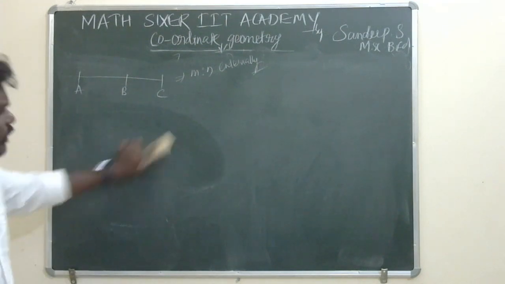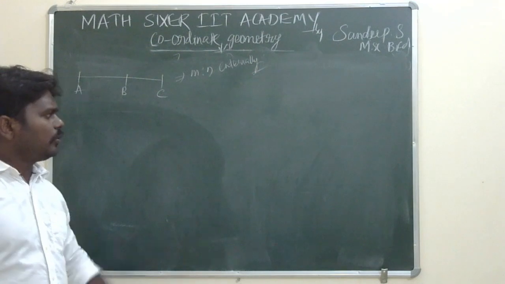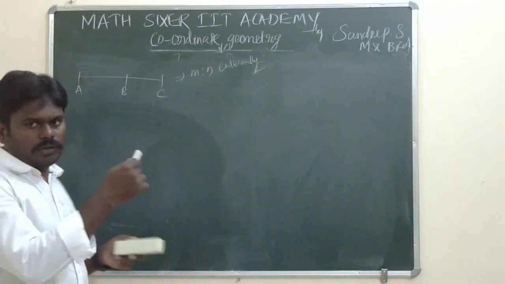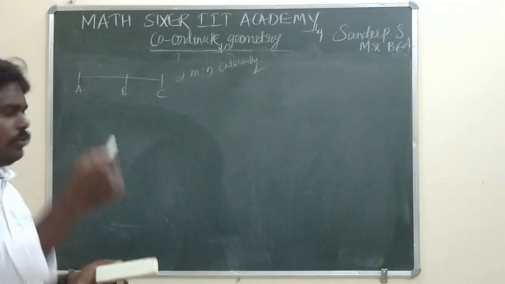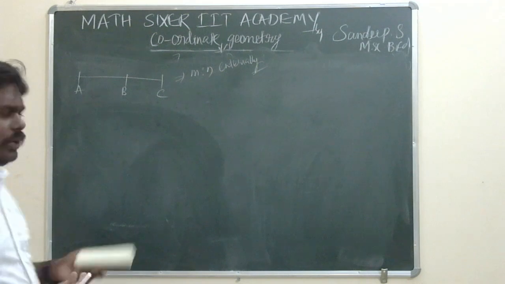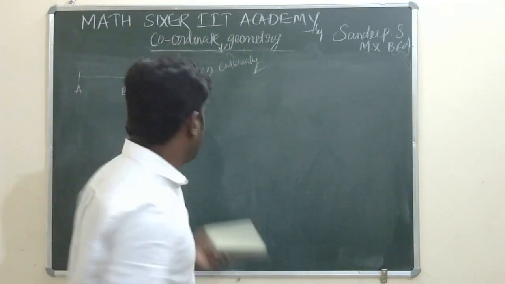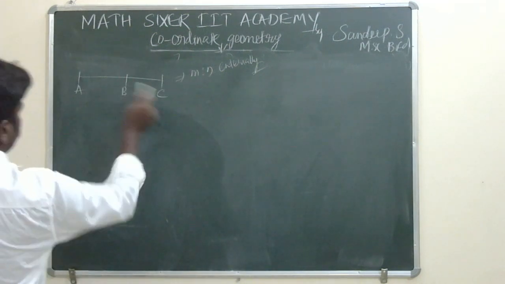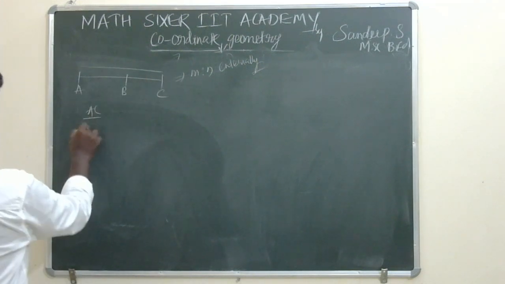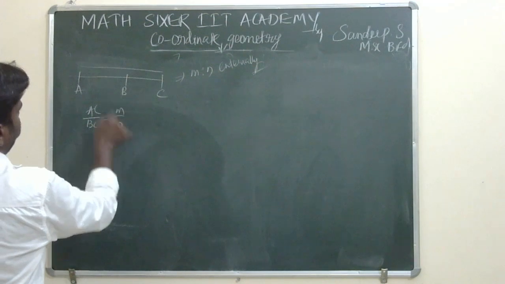Directly here I am writing the formula, no need to go with the proof. And if you want the proof, you have to do it in a similar way, considering the x and y axes, identifying the points A, B, C, and doing the calculation with the help of similar triangles. So here I am writing the direct formula of external division. Here AC by BC is equal to m by n.